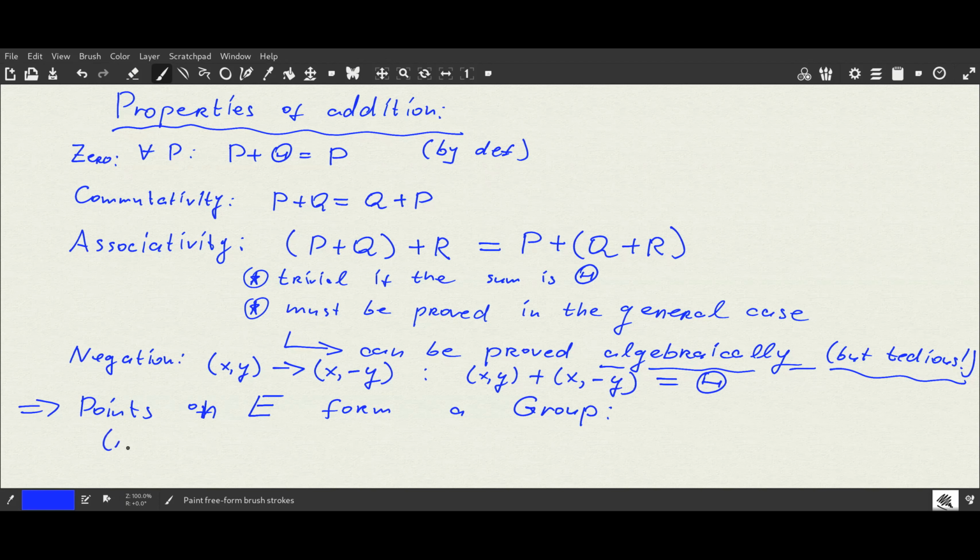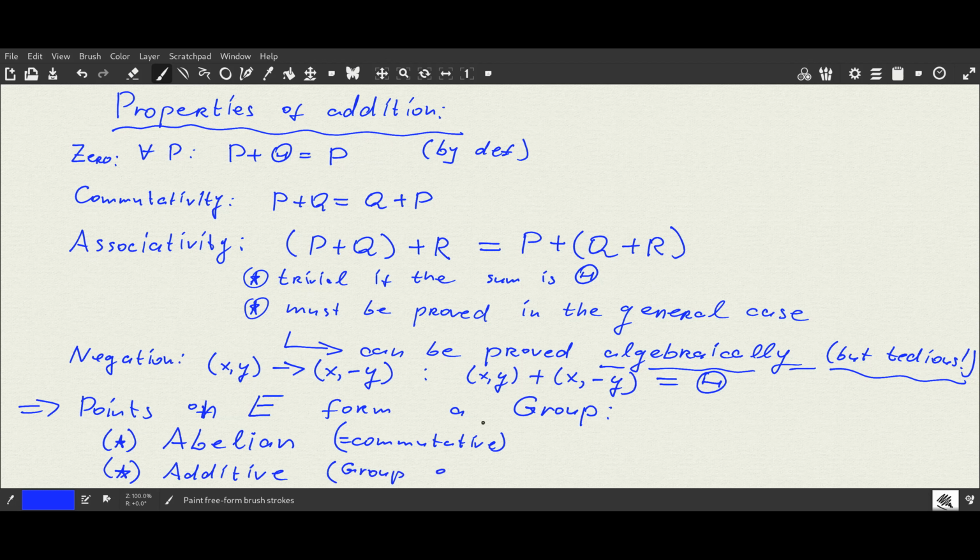This group is, first of all, because the operation is commutative, called abelian, after the 19th century mathematician Abel, who first started studying commutative groups. And secondly, this group is additive, simply because the group operation is plus in this case, not multiplication.